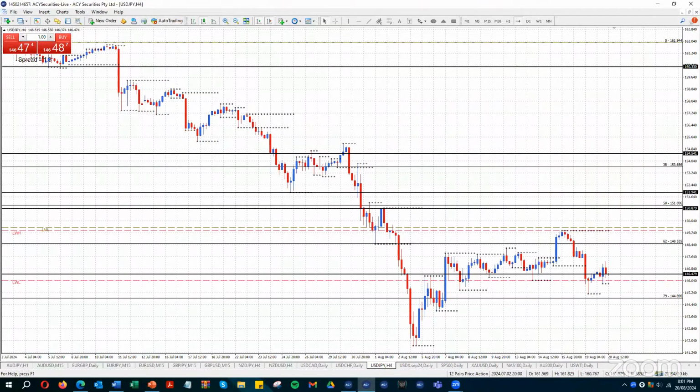On the 4-hour chart here, it came up to the top of that candle, then came down, back up to that candle. So it's putting in a bottom there on the 4-hour chart. Then it's come down like so. All right, so we look at that on the 15-minute chart.